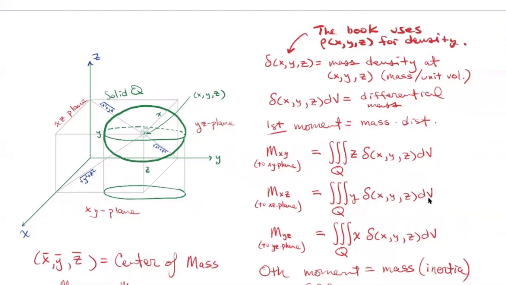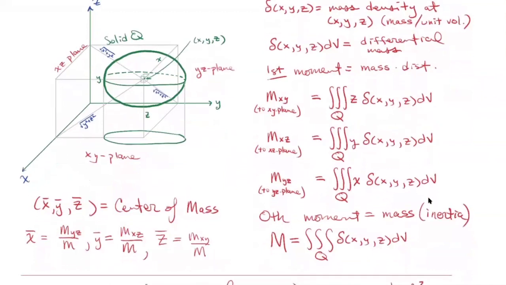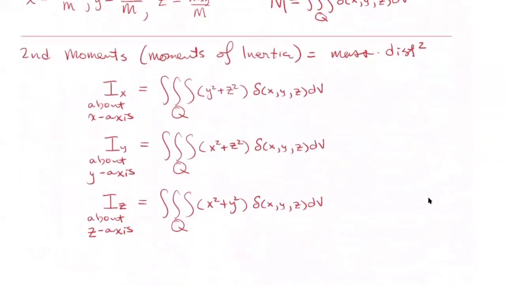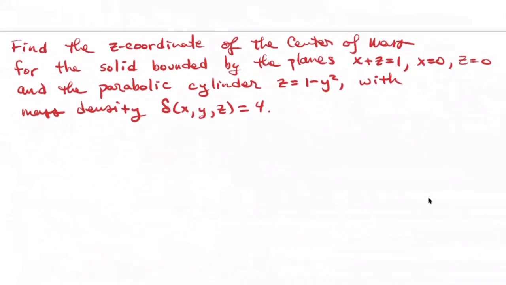But we use rho as one of the coordinates in spherical coordinates, and you'll be doing centers of mass in spherical coordinates. So if you use rho, you're going to have 2 different rhos that are completely different things. I just use delta, it kind of solves the problem. I don't know why they don't worry about that, but they don't.